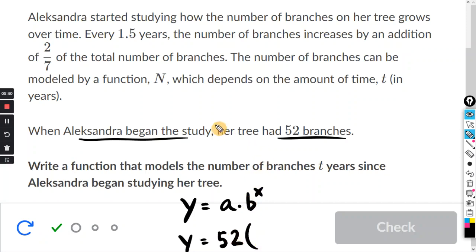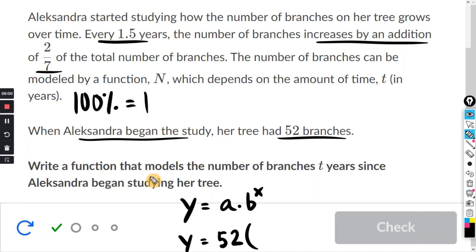Okay, and every 1.5 years, the number of branches increases by an addition of 2/7. All right, so we know 100%. You start with 100% of something, and we know 100% equals 1. But we want it to increase by an addition of 2/7.